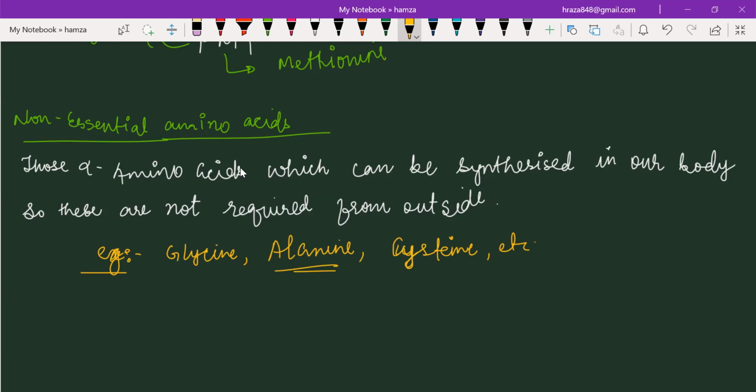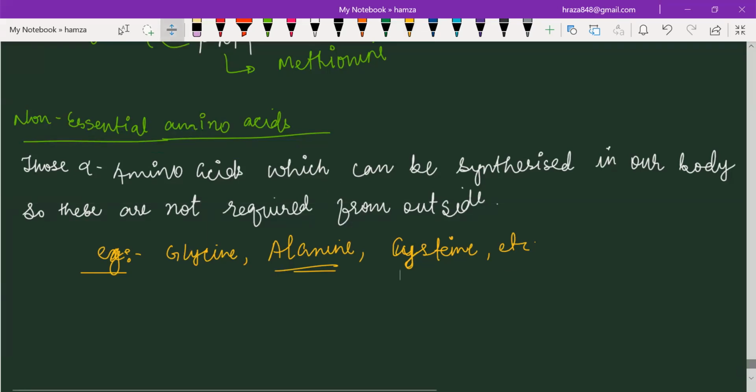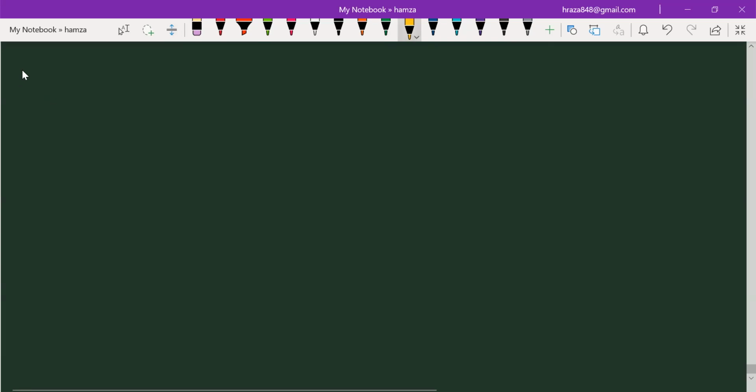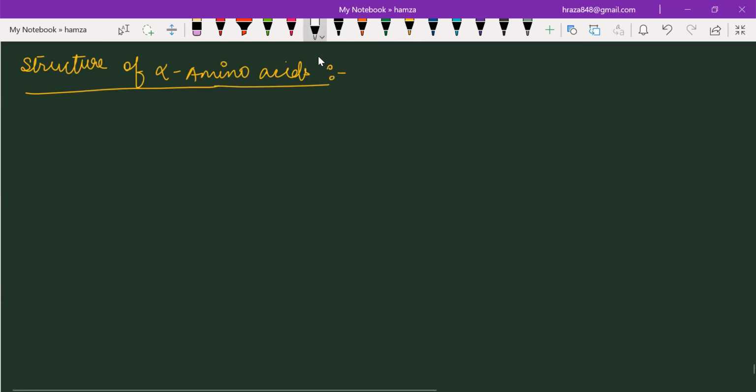Now we are going to start the structure of alpha amino acids. How are we going to see what the structure of alpha amino acids is?